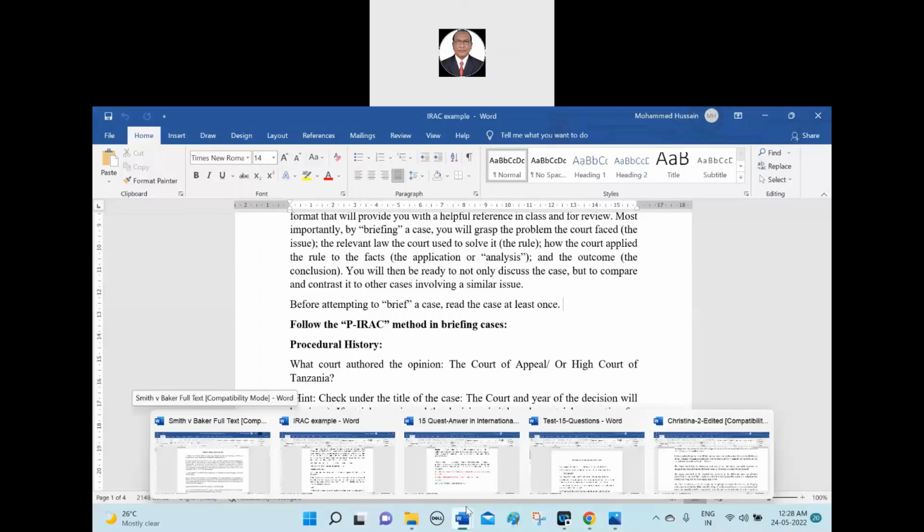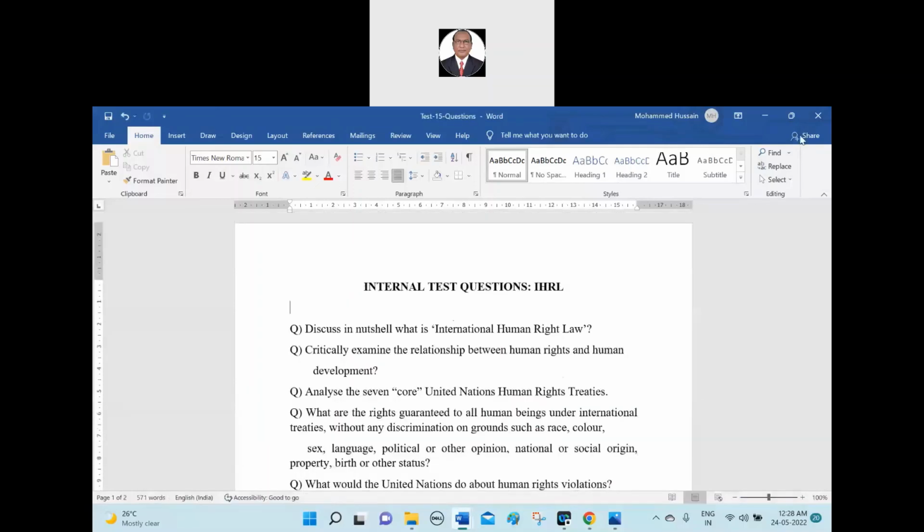Okay, now 15 questions are here. You can have a glance of it. At least you can read it. Anyone can unmute and read. First question, read. Discuss in nutshell what is international human rights law. Next. Critically examine the relationship between human rights and human development.